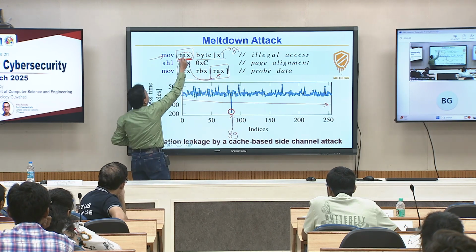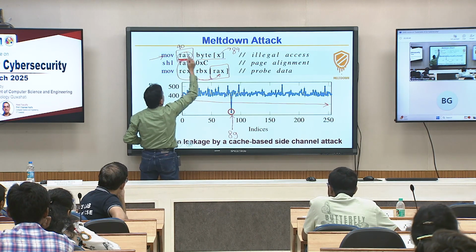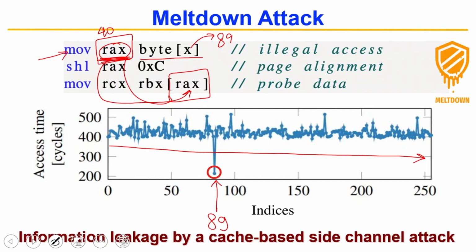So, let us say this one gives you a location, I do not know, 40, 50 or something like that, and then in the next one you create an array with more than that location and keep accessing, and whichever location comes in. So, here the array is this byte x, this byte is the most recently accessed with this location as input, and that is basically the value of your secret.